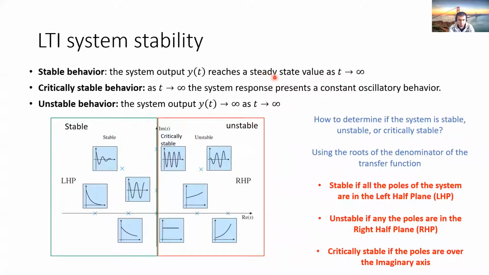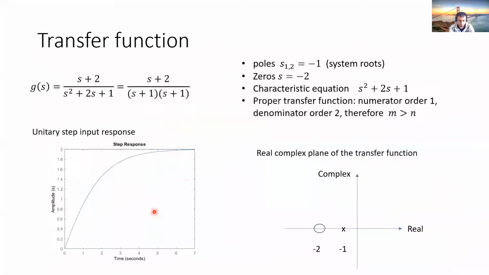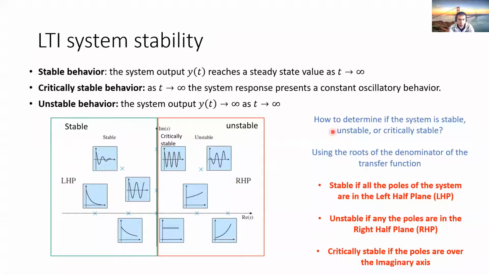It means we'll reach a steady state value if all the poles of the system are in the left half plane. So here in this region, all of these poles are negative. That's the main requirement for stability. All the poles should be here.